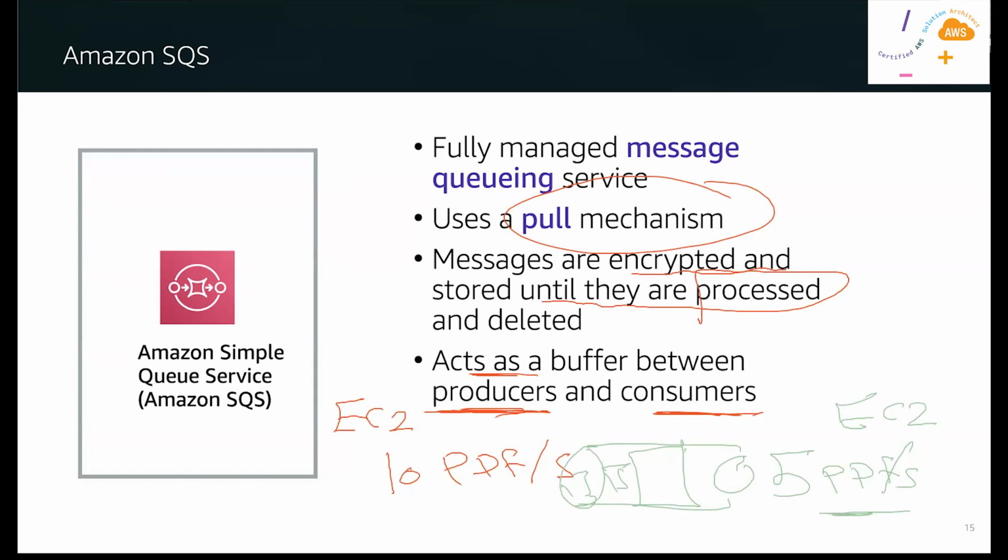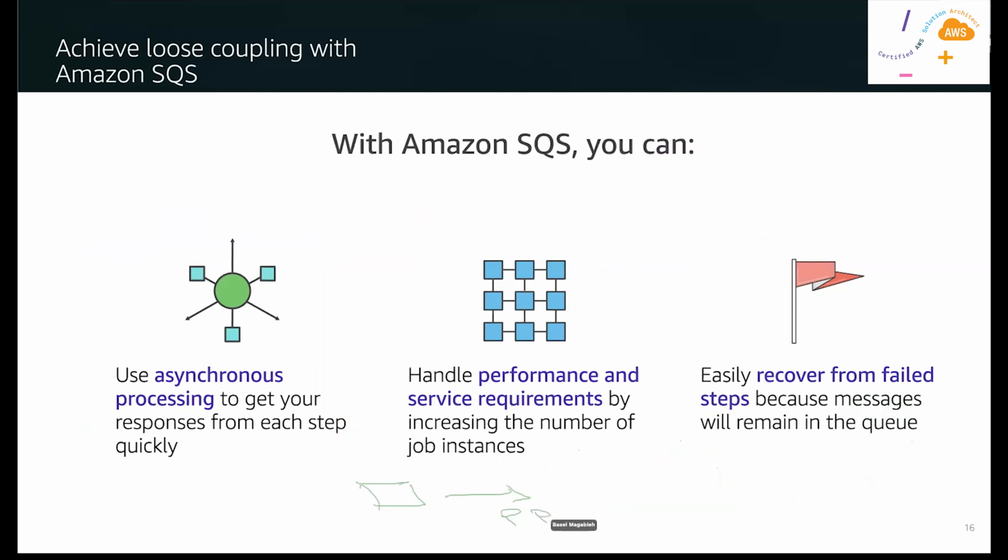With Amazon SQS, you can use asynchronous processing to get your responses from each step quickly, and you can handle performance and achieve a high level of service requirements by increasing the number of job instances.